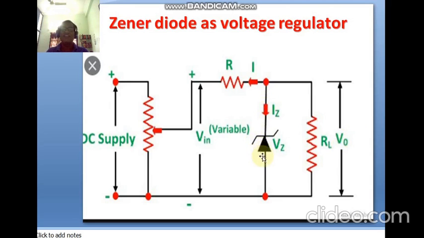Iz is entering the diode and we are taking IL. Here the load current IL is equal to Vz by RL. Therefore the output voltage is equal to Vz, and the excess current passes through the diode as Is minus IL. So in the output circuit the value of voltage is always constant.